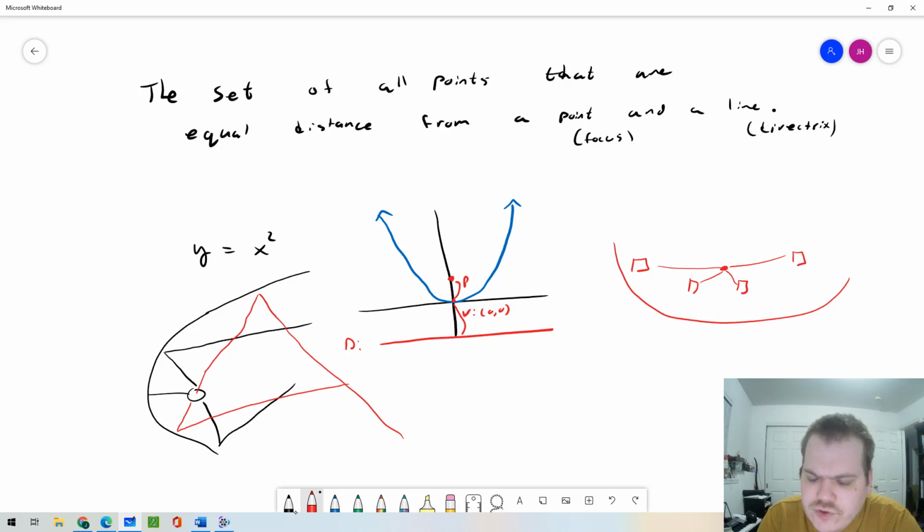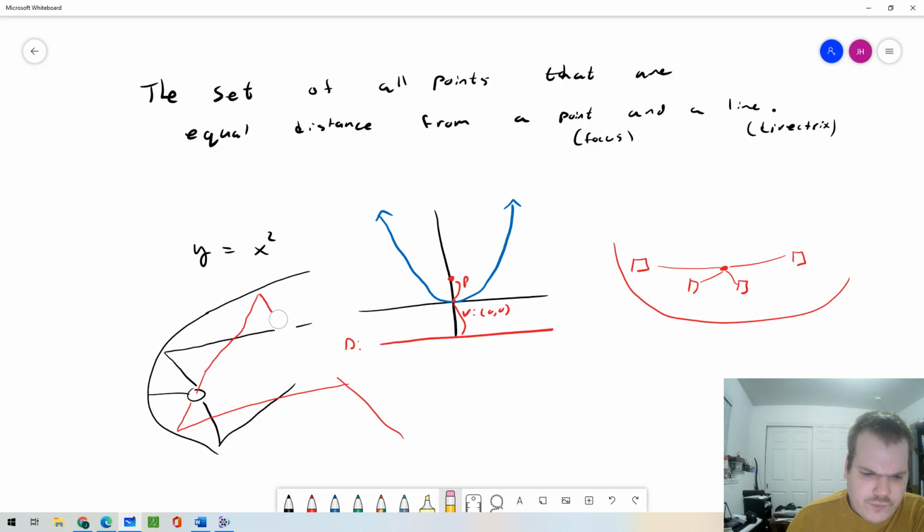So we actually use this technology and this knowledge quite a bit, whether we realize it or not. It has that really cool property that whether it's light or sound or rays, it's all going to be directed to that focal point.